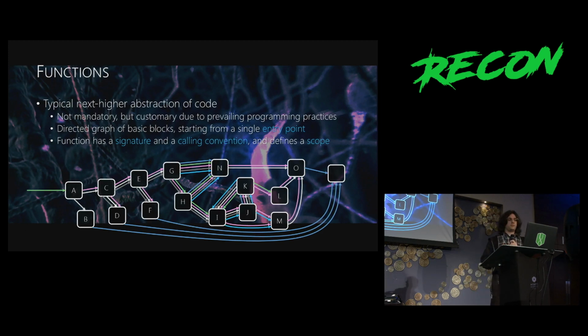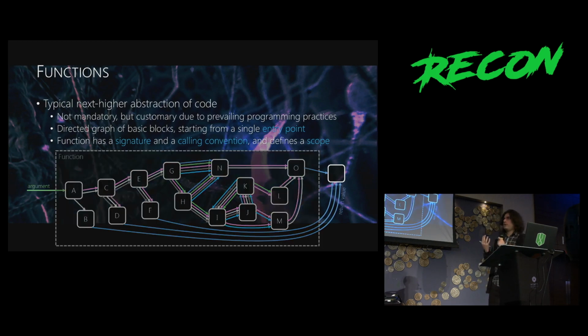It's a good enough assumption for our purposes. We really take a function to be a directed graph because control flow is by nature directed, right? And it has a single entry point. If we have multiple entry points, it turns out that we can treat that as multiple functions that happen to contain some of the same code. That's not a really large issue.